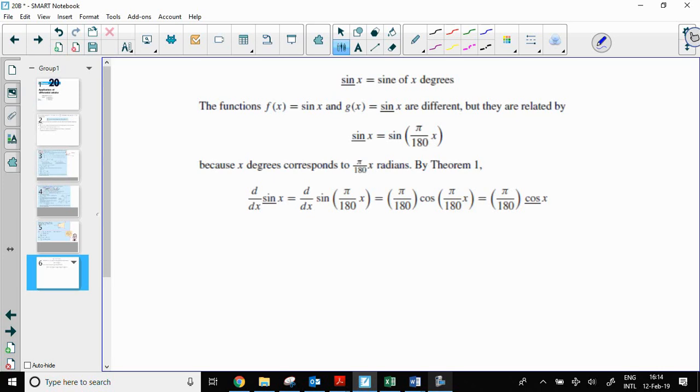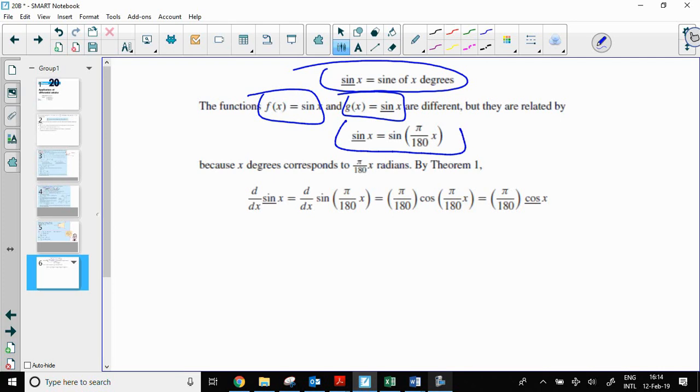In order to do this, we're going to make up a function, which is going to be this underlined sine. Underlined sine means the sine of x degrees. Sine of x just means the sine of x radians. So sine of x and underlined sine of x are different functions, but they're related to each other by this here.